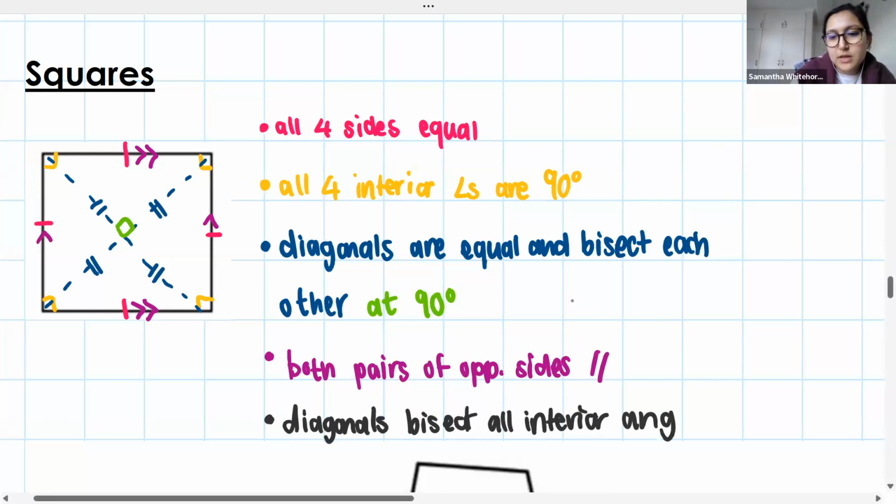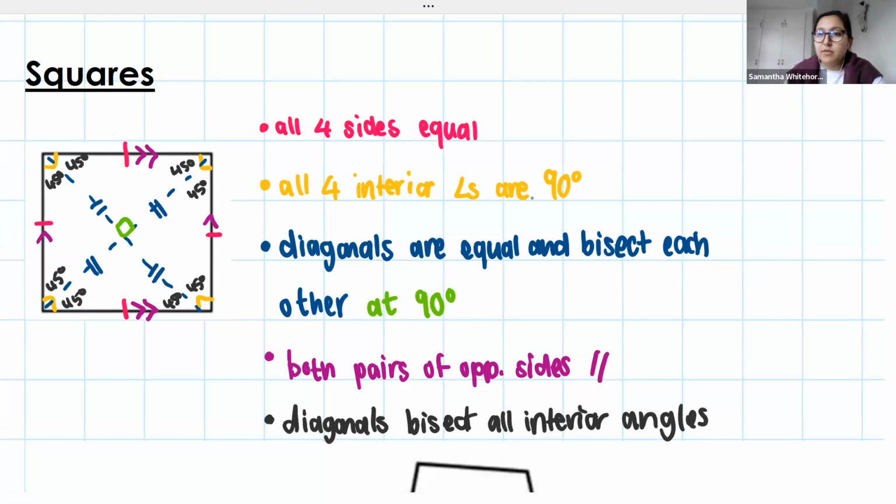Now, guys, if we know that the interior angles are 90, that means that it cuts these angles, every single one of them, into 45 degrees. Okay, so these diagonals cut my interior angles in half. So we've got 45 degrees, 45 degrees. And again, that takes the characteristic of the rhombus.